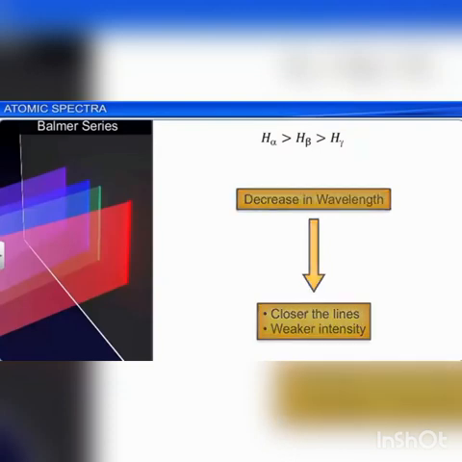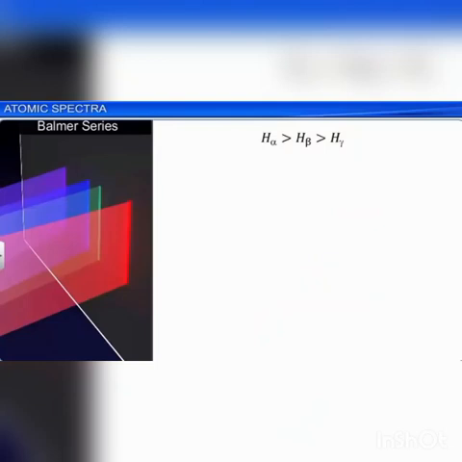Now, let us look at the H-alpha line of the Balmer series. Balmer gave a simple empirical formula which these wavelengths follow.